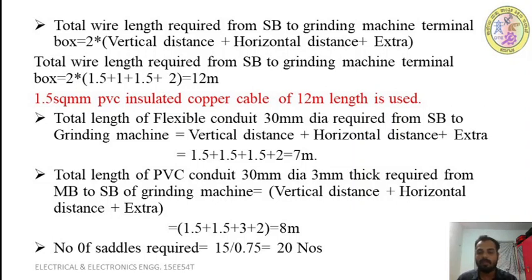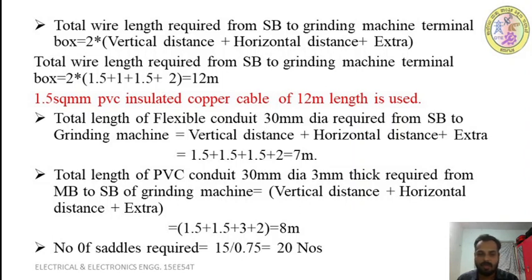Okay. So next material you have to calculate is the total length of flexible conduit of 30 mm dia required from the switchboard of grinding machine to the grinding machine terminal. That is equal to vertical distance plus horizontal distance plus extra.